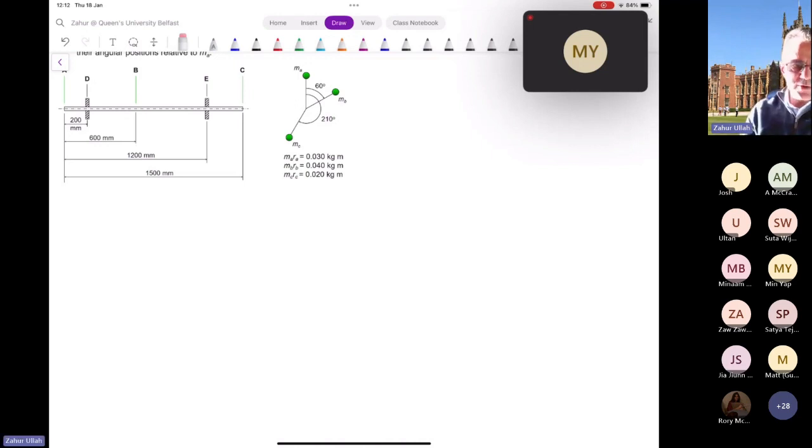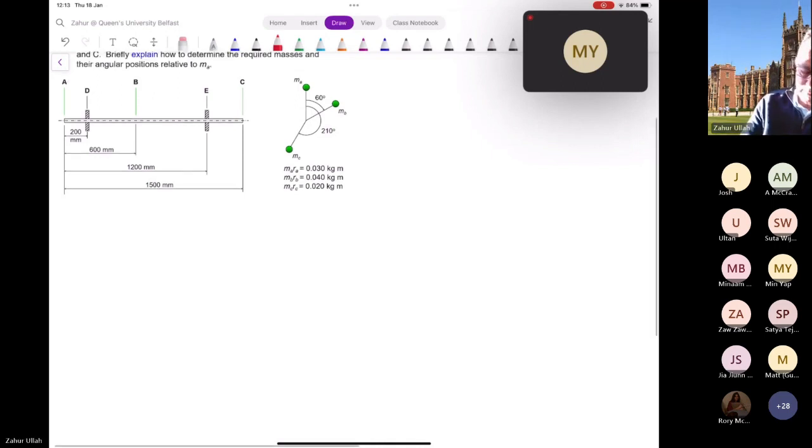Okay, so as you can see, in this case again we are doing it analytically. Similar to the previous case, you need to calculate all the forces. So this is the MA, which is your FA, this was your FB, and this was your FC. You have these three forces here, and now you can calculate them.